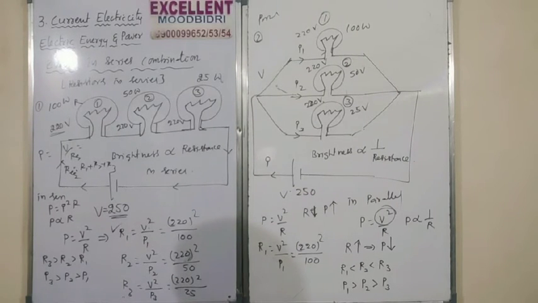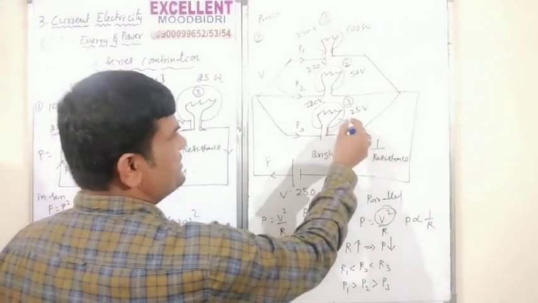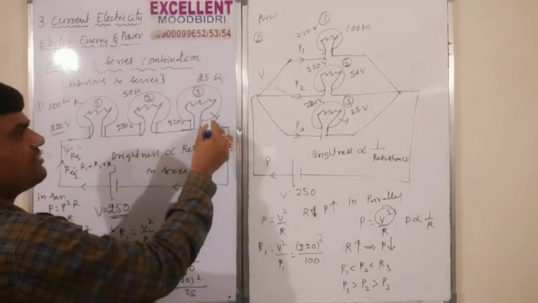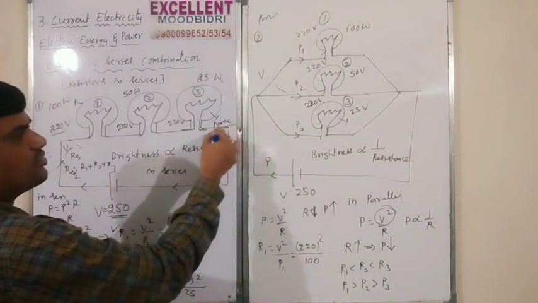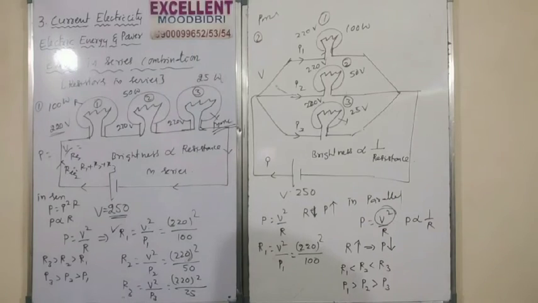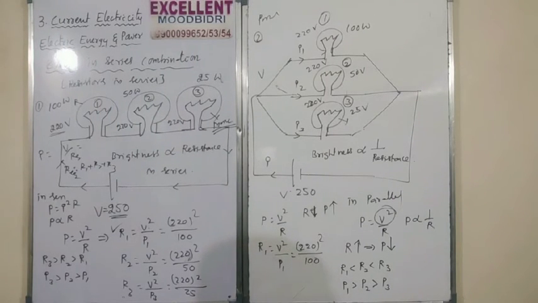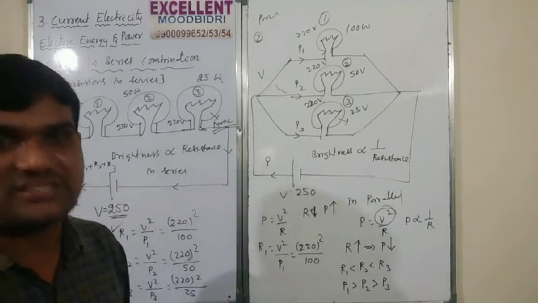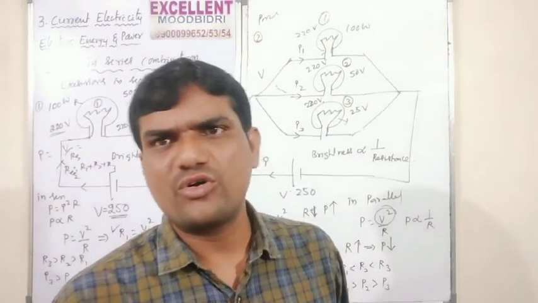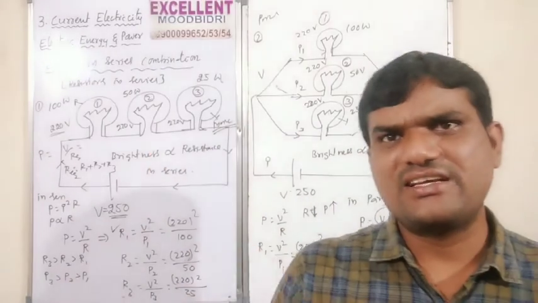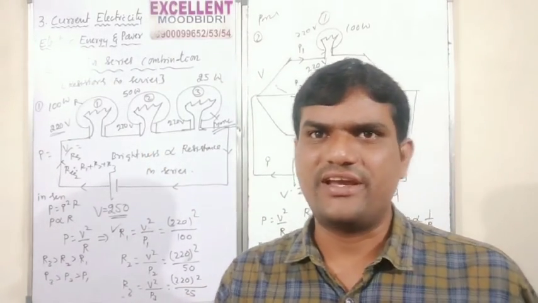If the resistance is more, that bulb is having less brightness. Are you clear? So these are bulbs in series combination and bulbs in parallel combination. Like that they will ask questions, which one is having more brightness, which one is having less brightness. Alright, okay, next, the last concept.